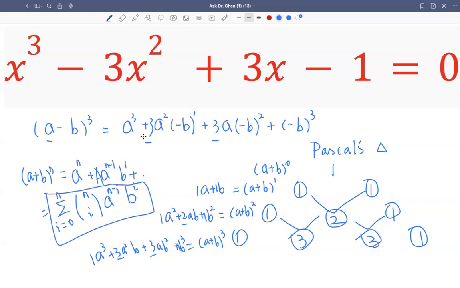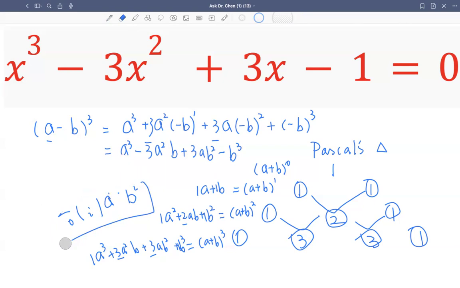So we use this to expand this. This gives us a cubed minus 3a squared b plus 3ab squared minus b cubed.